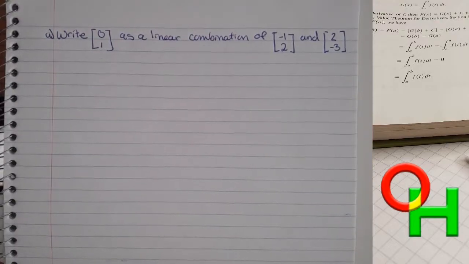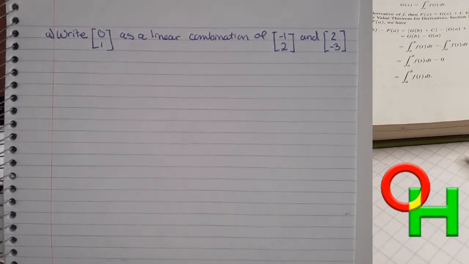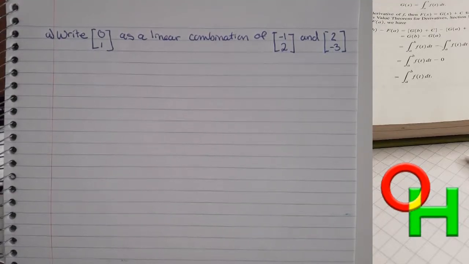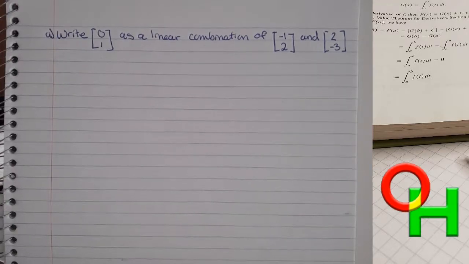All right, so we're going to start with part A, where we want to write the vector (0, 1) as a linear combination of the vectors (-1, 2) and (2, 3).